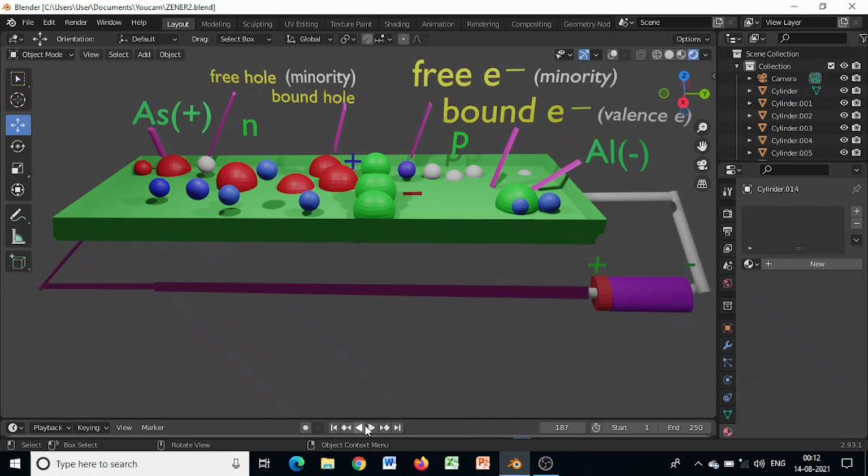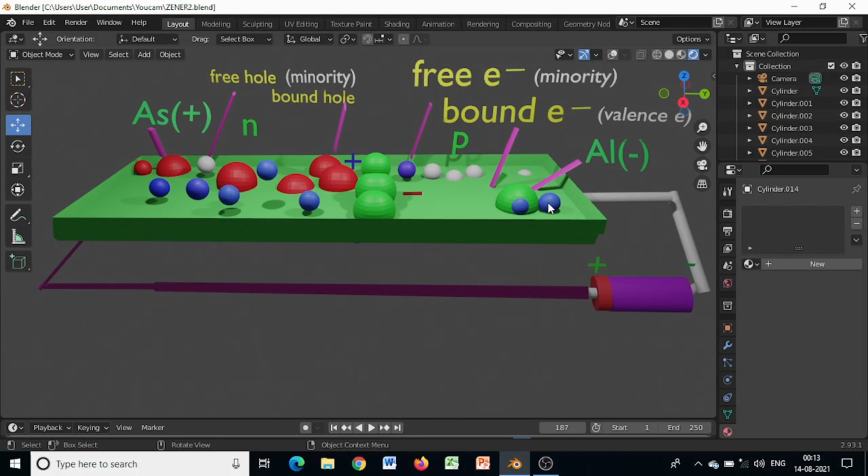Now, it is important to note that minority electrons are flowing as usual. These free electrons are minority electrons. These electrons are minority electrons in P side, and these electrons are majority carriers in N side. Holes are minority carriers. Those holes are free.